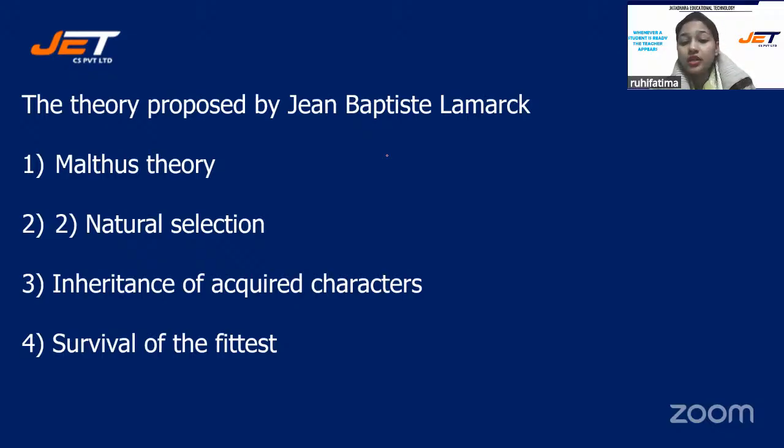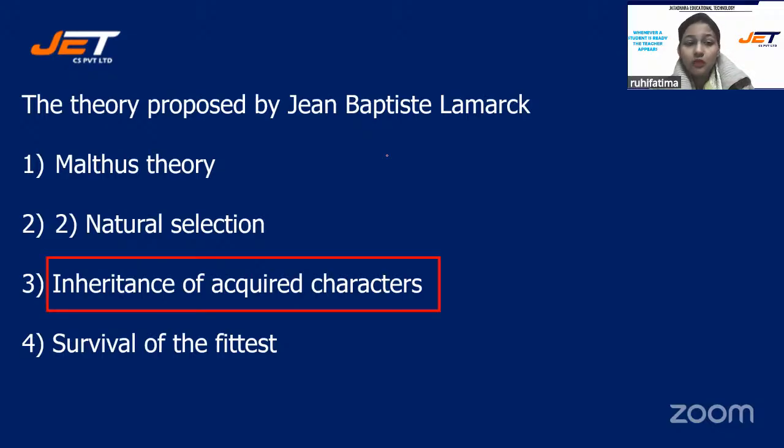The correct answer is option number three, inheritance of acquired characters. Those who have selected option three, you are right, students. The survival of the fittest was about Charles Darwin, not Lamarck.